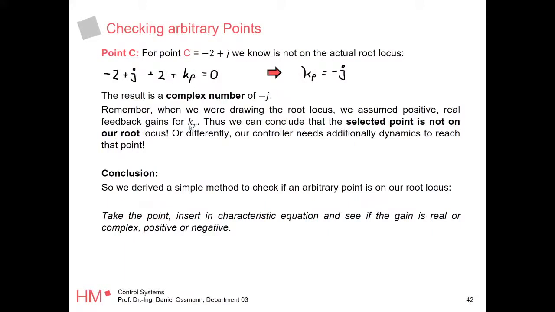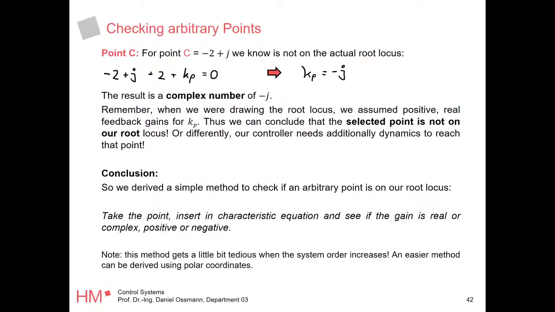If this gain is real and positive, it's definitely going to be on our root locus curve. If it's real and negative, we need to change the sign. We need to destabilize it. It's probably not a good idea. And if it turns out to be complex, then it's not reachable, right?